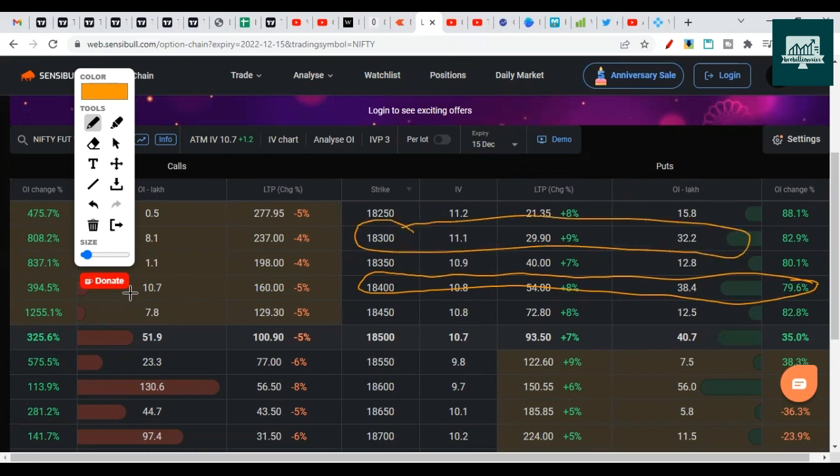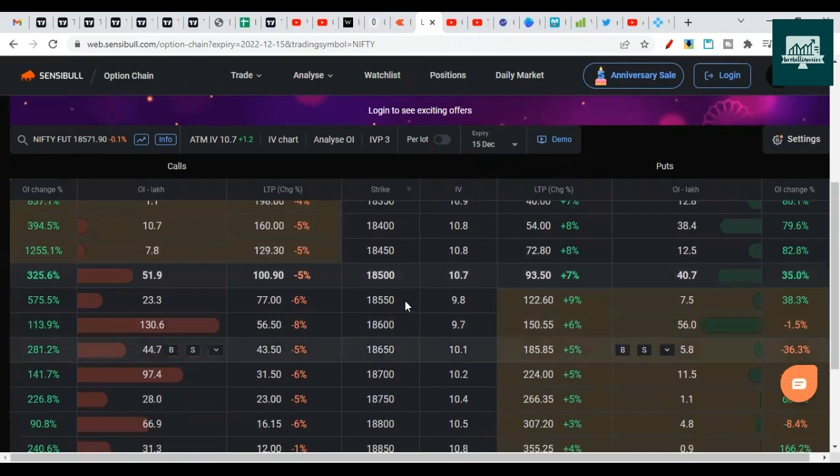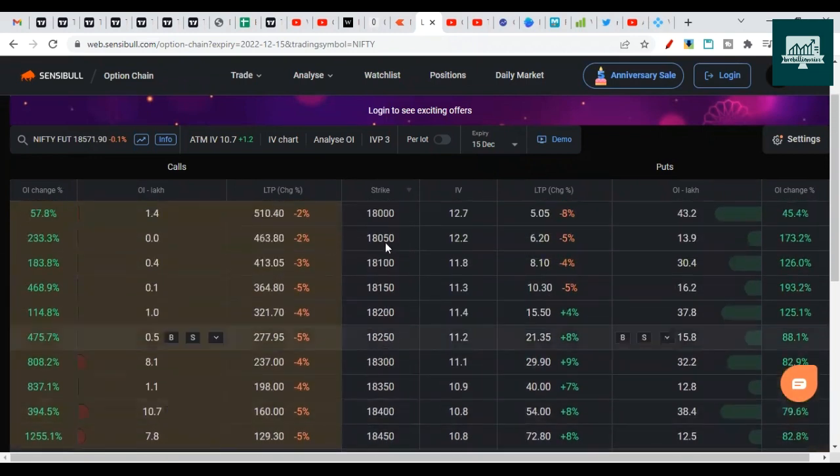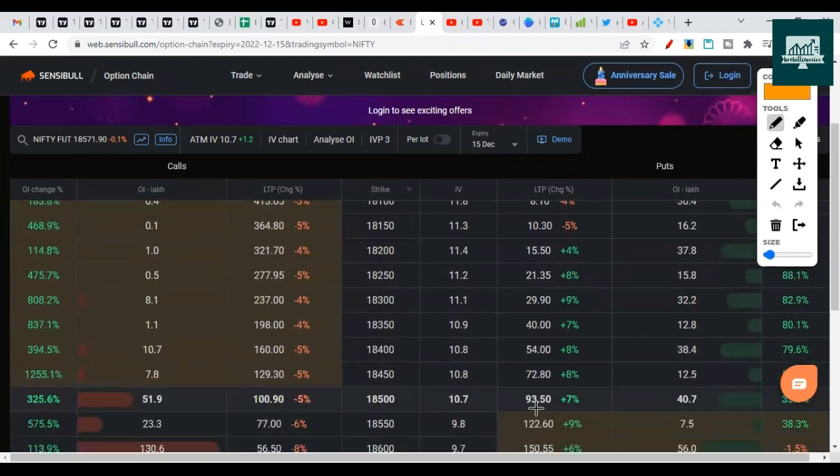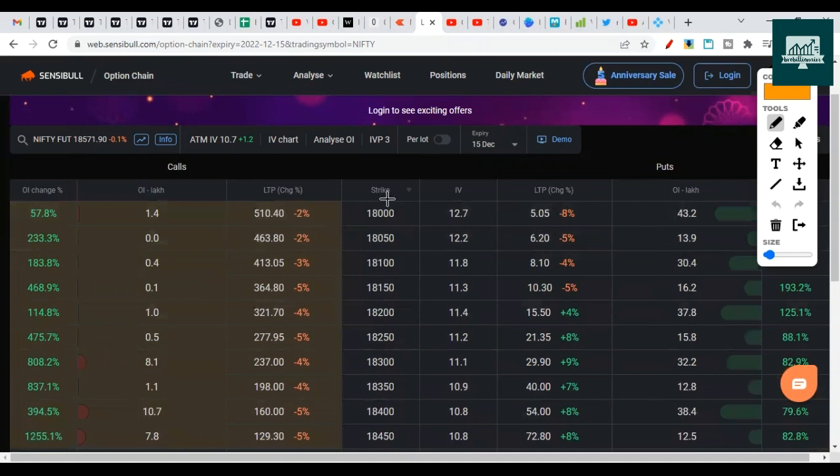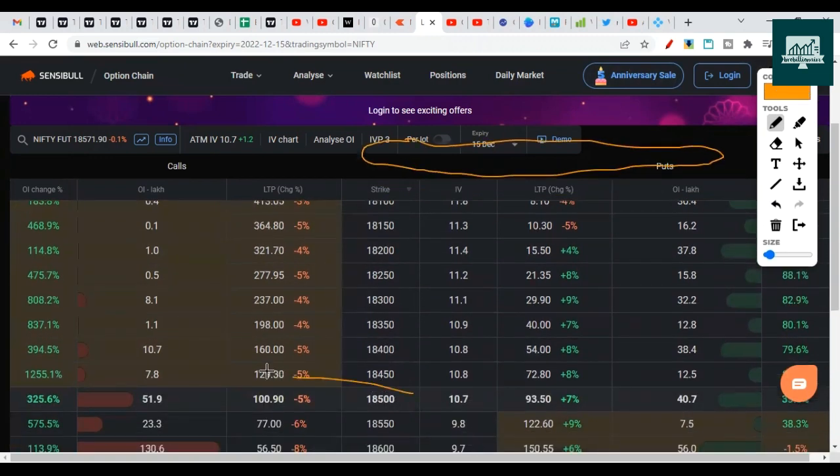And for this expiry, 18,000 to 18,500 should be the range, because you can see here after 18,500, the major support is 18,000 itself. So 18,500 to 18,000 could become the range for this expiry.